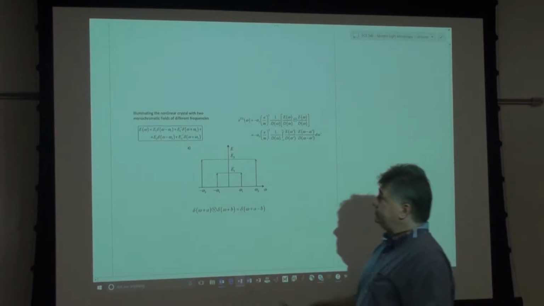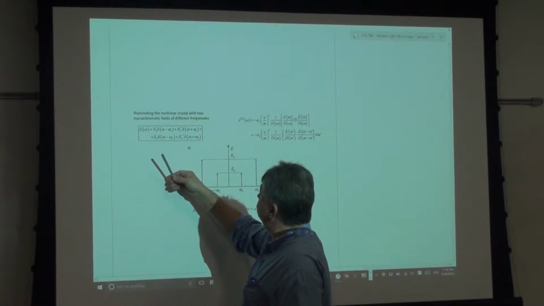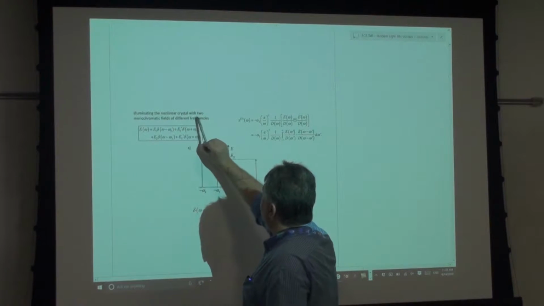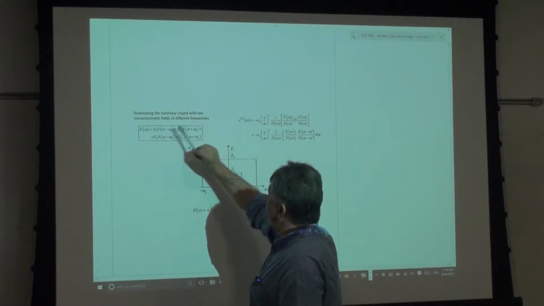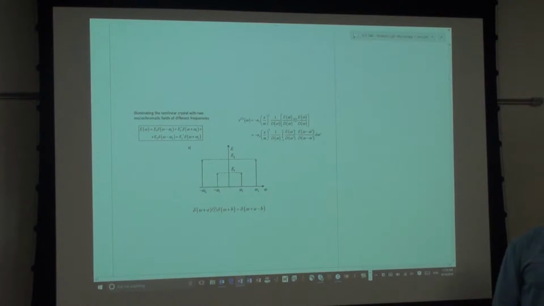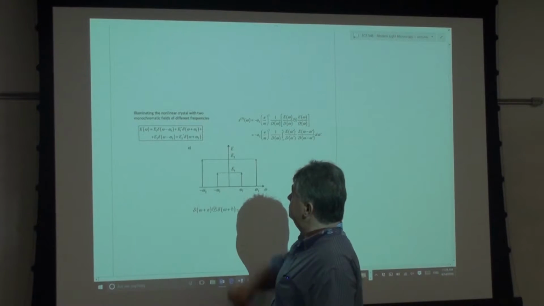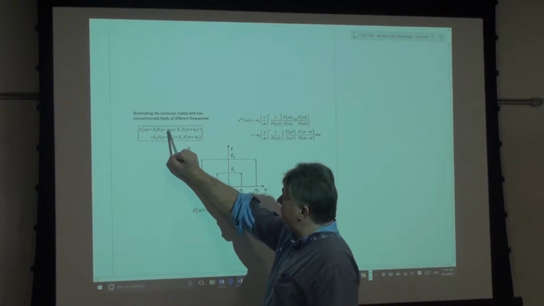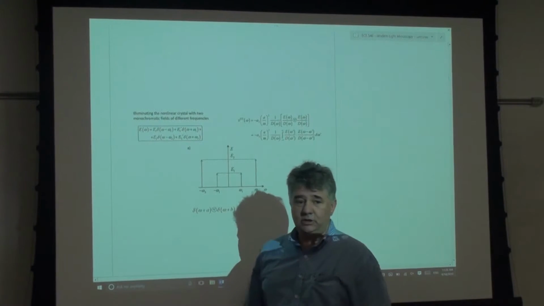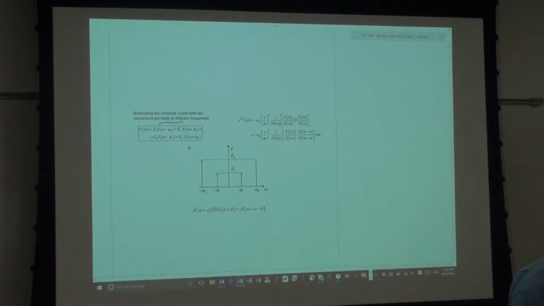And now let's make it particular. I have an incident field that looks like this. I'm illuminating the nonlinear crystal with two monochromatic fields at different frequencies. Omega 1, omega 2. So it's going to be E1 delta of omega minus omega 1, E1 conjugate delta of omega plus omega 1, okay? So again, I'm writing the real representation of the field.